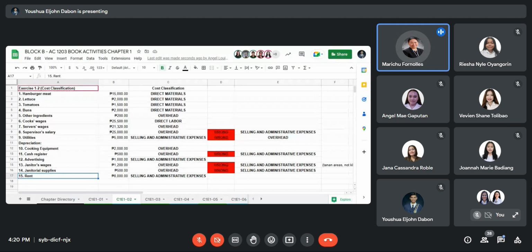Kaya ang total overhead ni producing department, including the allocated share from the other departments, will be divided by the cost driver, the one that drives overhead to be incurred, para you will know what is the overhead rate assigned to that specific producing department, which later on is assigned to the product that they produce. Any other questions?